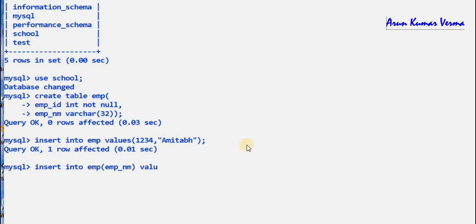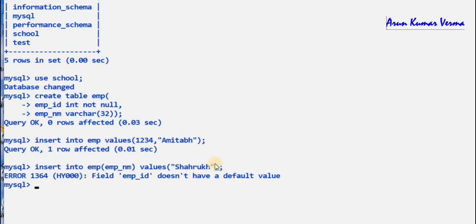Values, shark. Now you can see employee ID doesn't have a default value. It means you have to input some value here. You cannot leave it blank. So this is the advantage of using not null constraints.